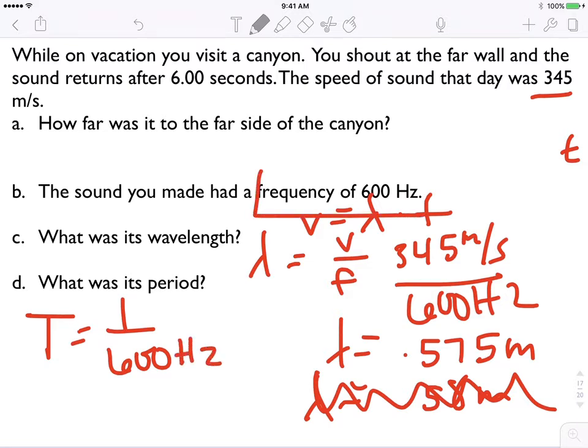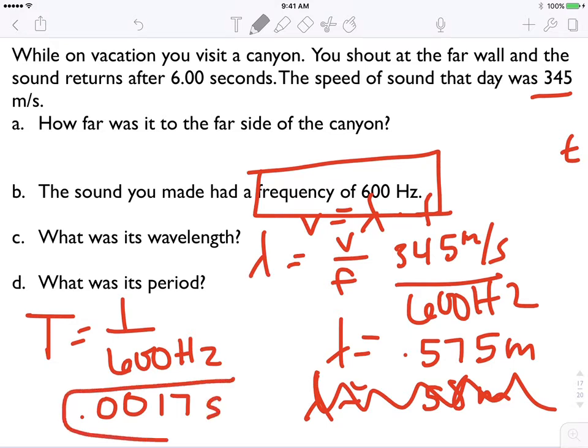But this is a fraction, and we do not do fractions in physics, so let's turn it into a decimal. 1 over 600 gives 0.001666667. Let's go with 0.0017, and the unit is seconds.